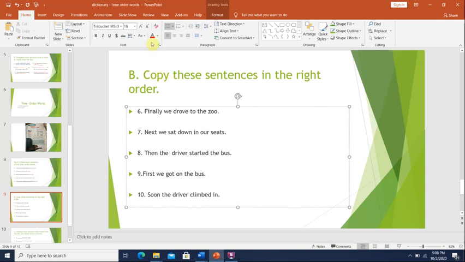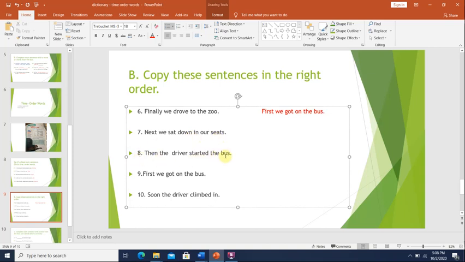And the time order word first shows us that this is what happened first or in the beginning. Okay. What would be next? Everyone got on the bus. What do you think would happen next?